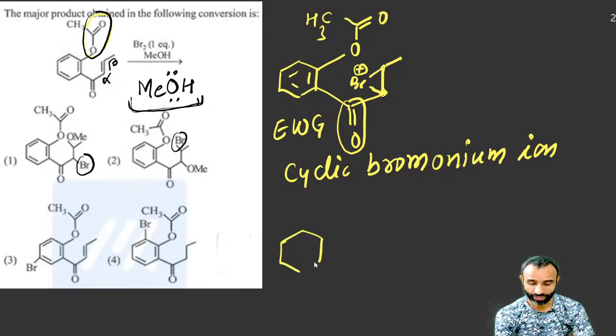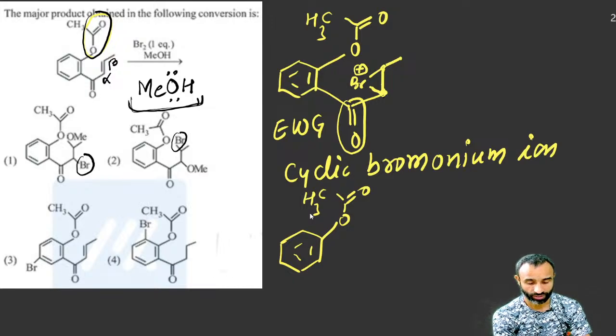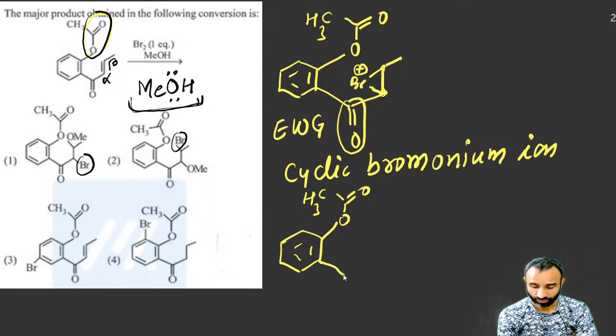So ultimately this part will not be affected, it remains as such. That is in all the cases, this CO remains as such. So methanol will attack on this side.